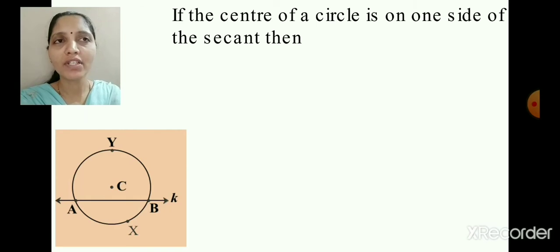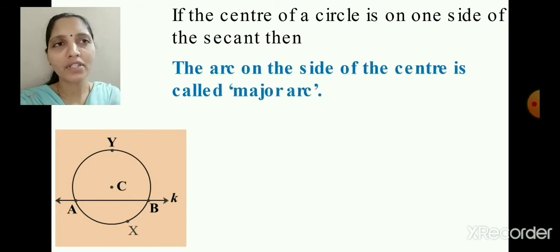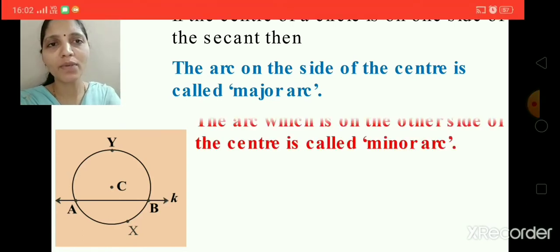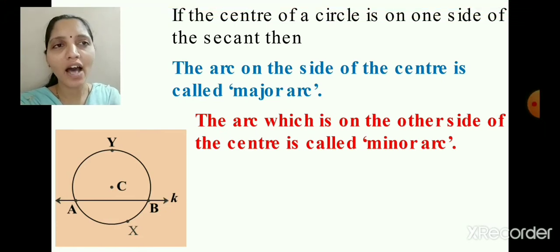So if the center of a circle is on one side of the secant, then the arc on the side of the center is called major arc. So this bigger part of the circle is called the major arc. The arc which is on the other side of the center is called minor arc.